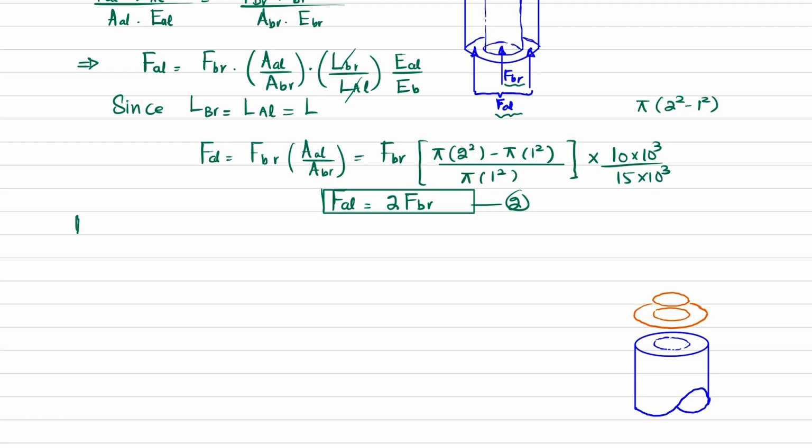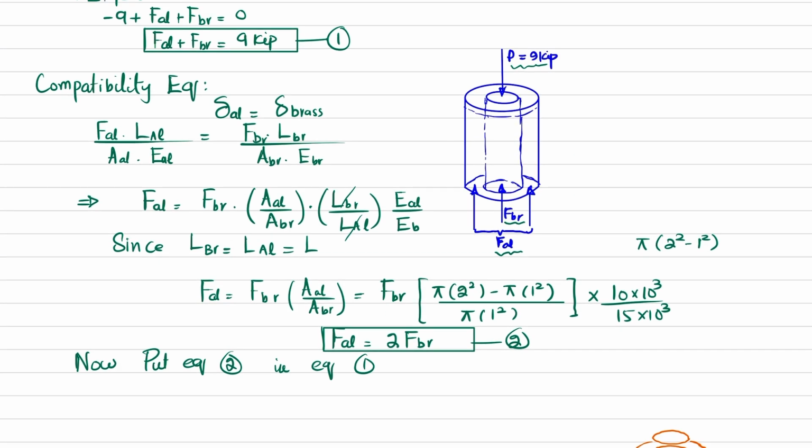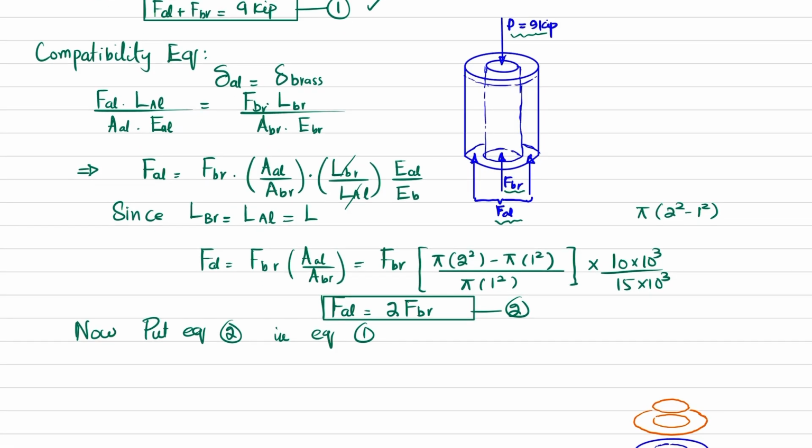Now put equation 2 in equation 1. What is equation number 1? Equation number 1 is this one. So I can write 2 times FBR plus FBR is equal to 9 kips. So it means 3 FBR is equal to 9 kips, and from here you will get FBR equal to 3 kip.